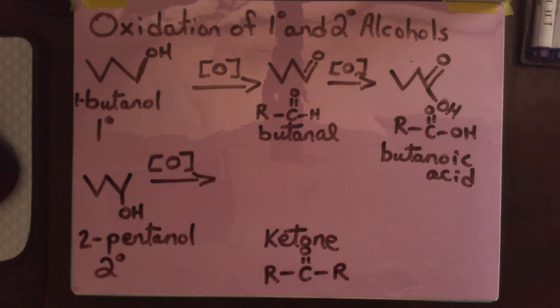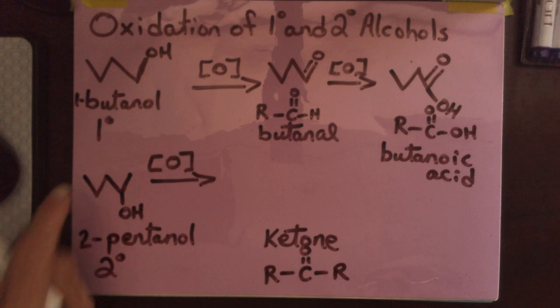So we have R, which is a carbon chain, a carbon with a double bonded O, so that OH becomes a double bonded O, and then there's a carbon chain grouping on the other side.